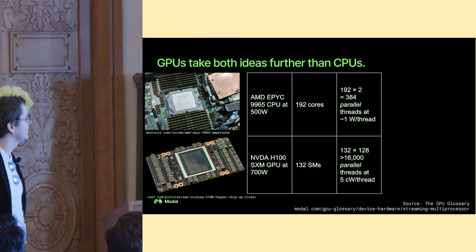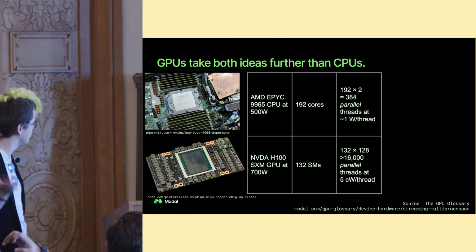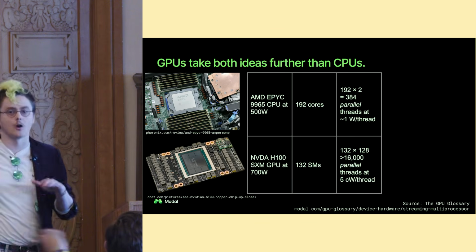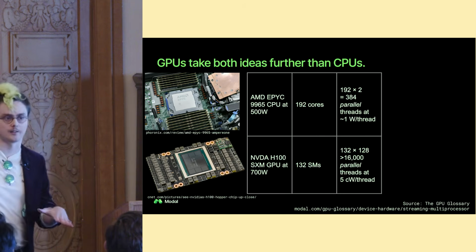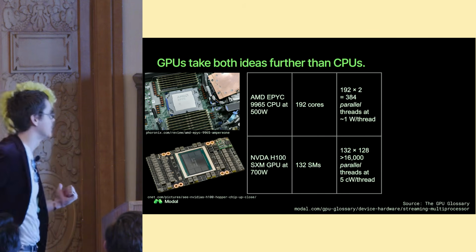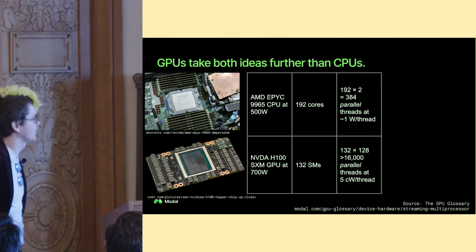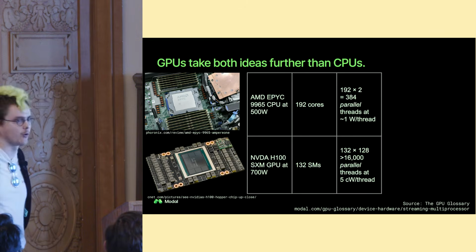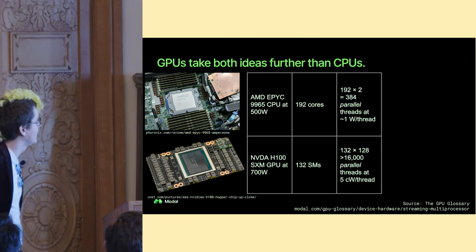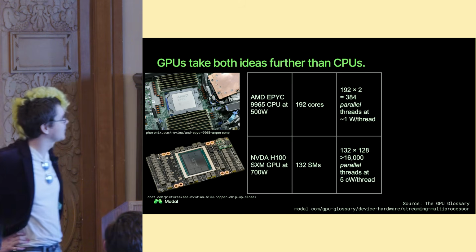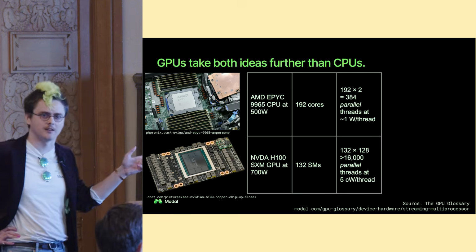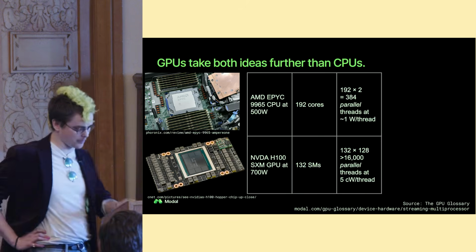If you look at an H100, even though there's only 132 core-equivalent streaming multiprocessors, you can actually issue instructions to 128 threads per clock cycle, per one of those, which is pretty cool. So that's like 16,000 threads in parallel, and a factor of 20 reduction in watts per thread, which is pretty cool. You could quibble a little bit with whether you should count vector lanes or not, which might change this to a factor of 10. But it's still a pretty notable difference.